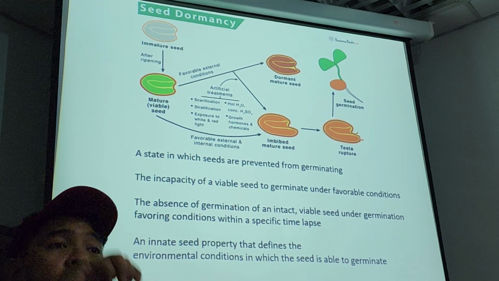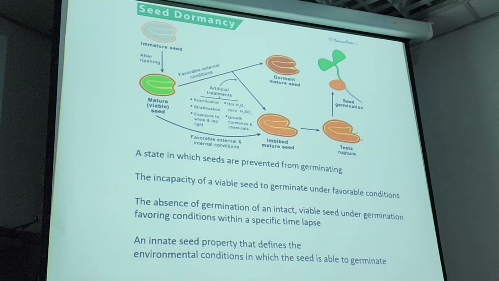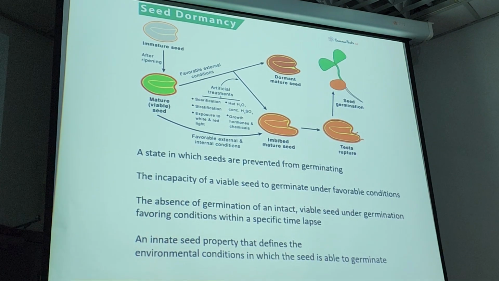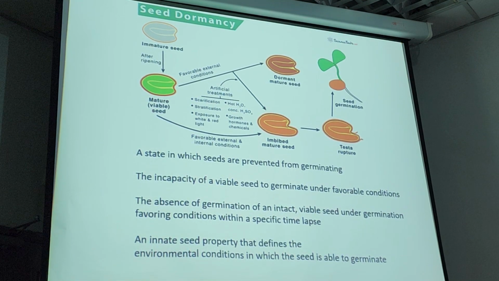Scarification is when you nick the seed. You know nick? Not nick your friend. You use a nail clipper to clip on the seeds. When you do this, that actually allows moisture to get into the seed.